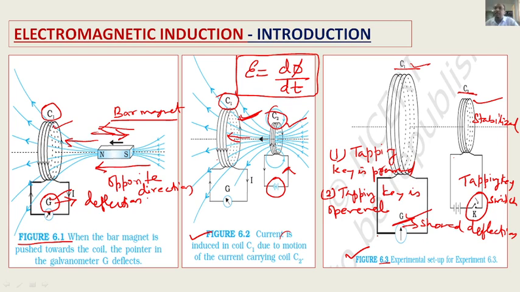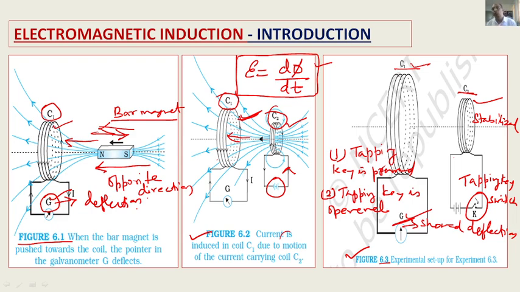So all the three experiments have shown that an induced EMF is generated whenever there is a change in magnetic flux associated with the closed circuit.